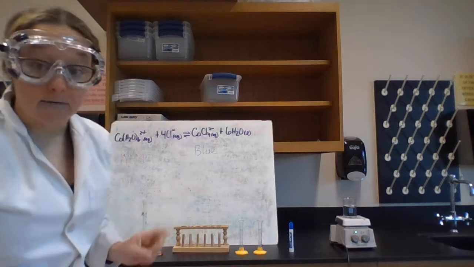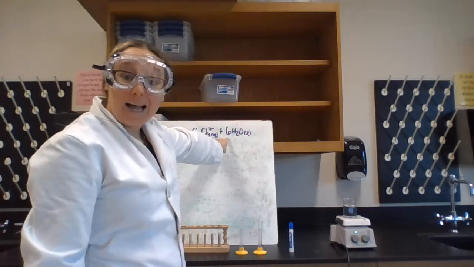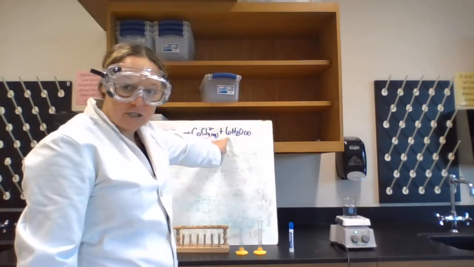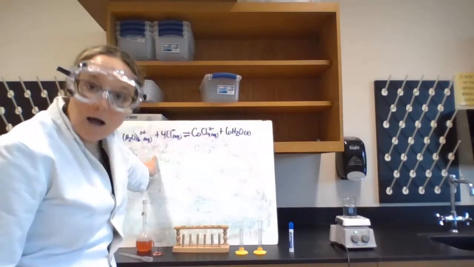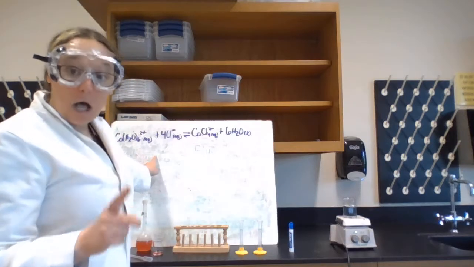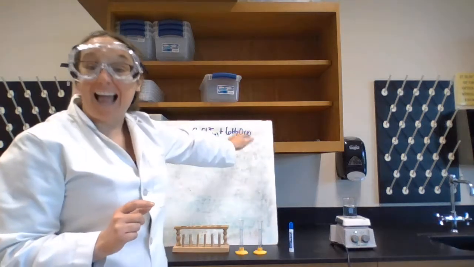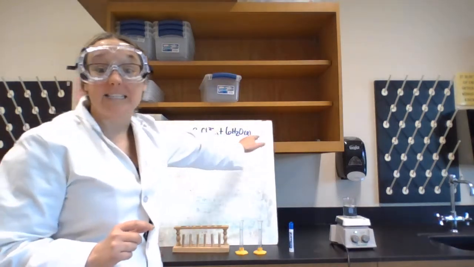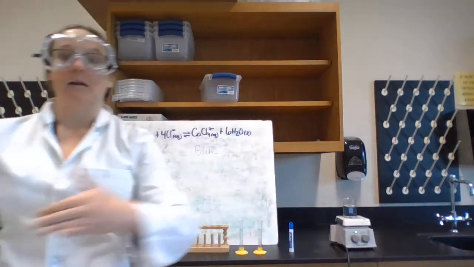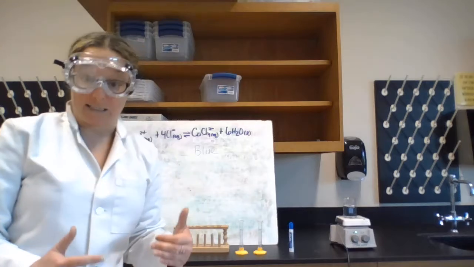Why am I back to red? I added a product. When I add something, I shift in the opposite direction in order to use up what I added. So because I added water, it's going to be used up. Again, let's get back to where we were originally, all right, or as close to it as possible.